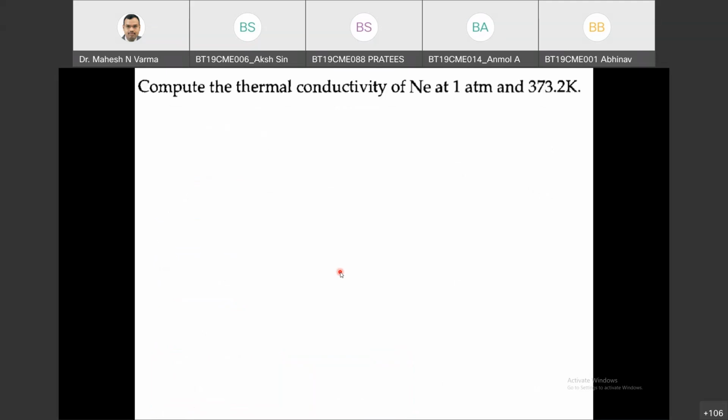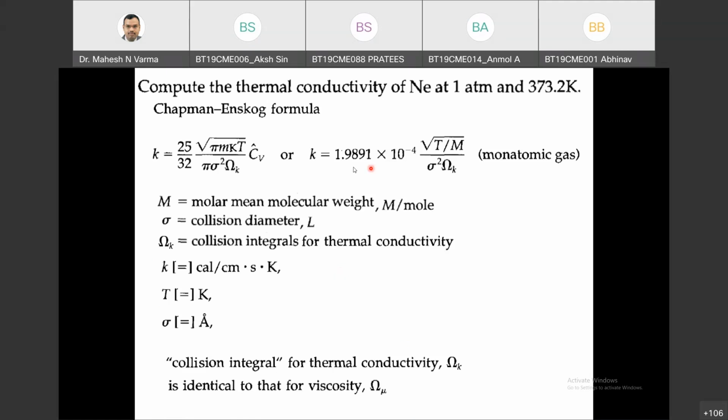Okay, so here what you want to use is you can use the Chapman equation. This is the Chapman equation. So using this data book, you can get the value of collision diameter and collision integral, substitute here and get the value of thermal conductivity.